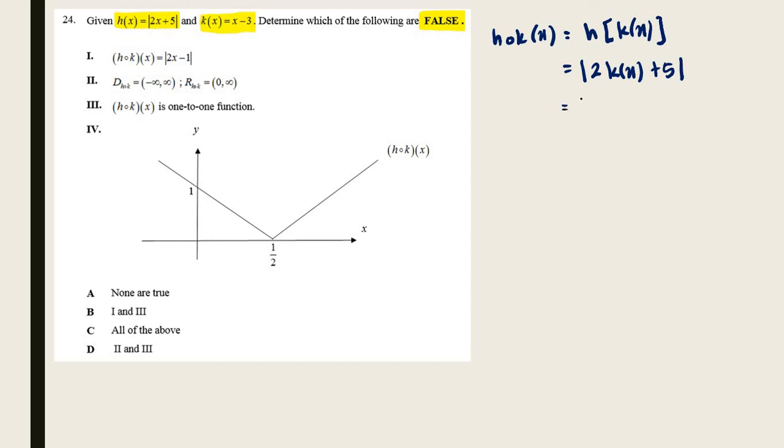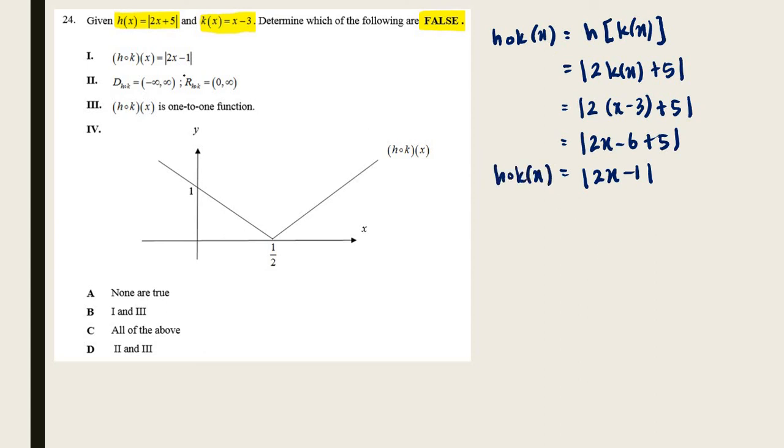Then substitute with the function of k, which is x minus 3, and then plus 5 over here. Okay, so we substitute here. When you expand this, you're gonna get 2x minus 6 plus 5, so that will give you 2x minus 1. So this is the composite for h of k, composite h and k.